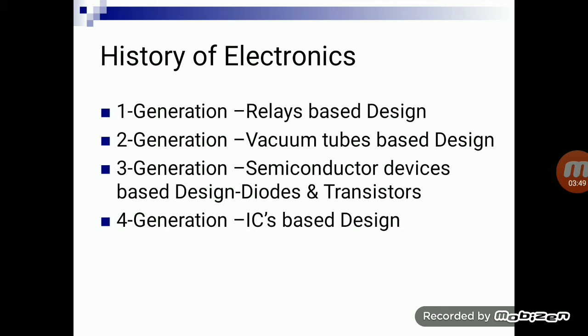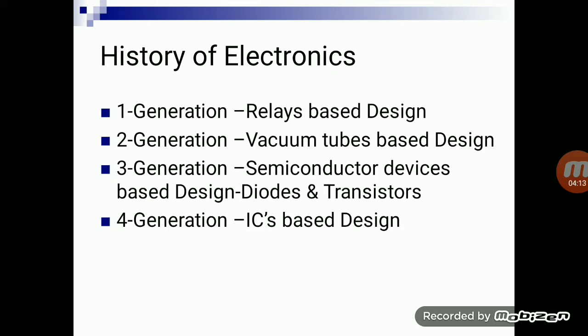Even though semiconductor devices were used, we again wanted smaller size. So we go to the fourth generation, which is IC based design. IC means integrated circuit: the integration of active and passive components on a single chip is called an IC.